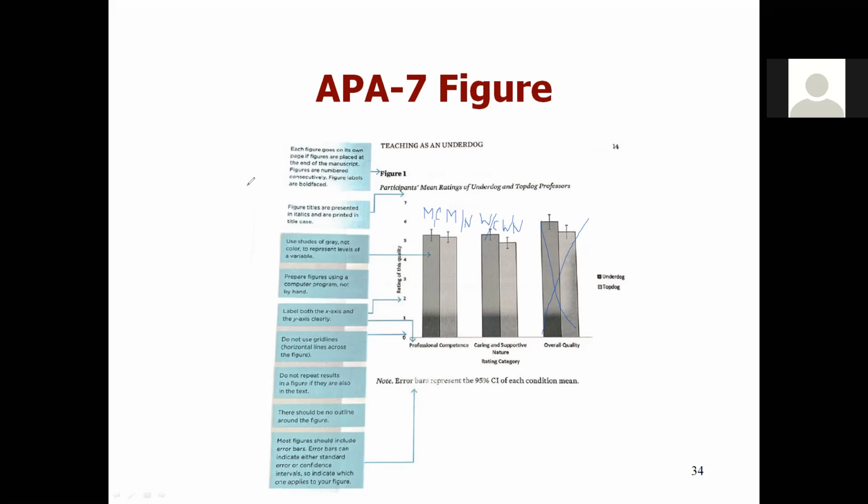Okay, now let's go through some of the APA requirements. Here they say that each figure goes on its own page. APA 7 does not require that for student papers. That means that your figure should be right in the results. It should not be the last page of the assignment 2. Figures are numbered consecutively, but you will only have one figure. So it's going to be figure 1.